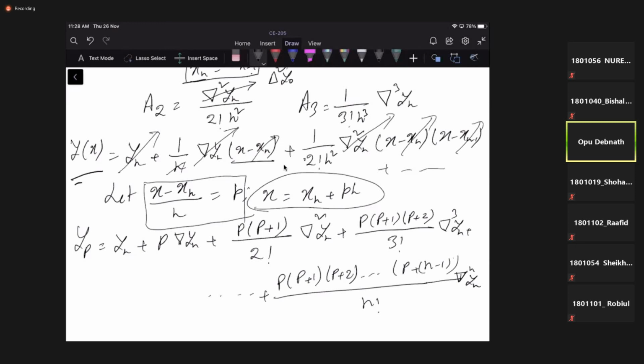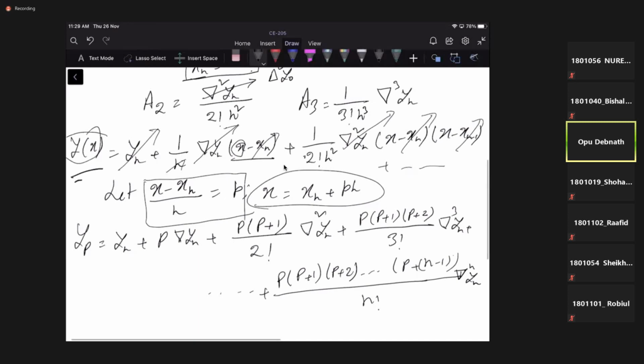So if you have a finite number of data, say 3, 4 or 5 data points, that means if you have 4 data points, there may be probably 4 to 5 terms in this equation. So the only unknown is x, and on the left hand side the only unknown is y. So you can simply find a polynomial equation.